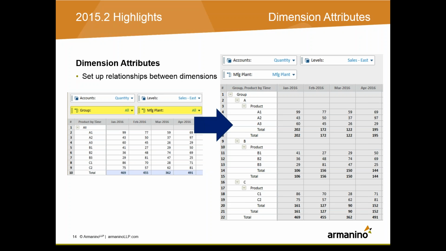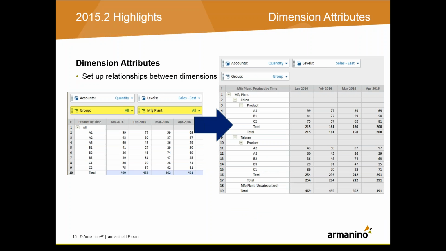If we go to the next slide, we can see that we can have an alternate relationship set up. So now I can say with my products, I can also identify, let's say, where they're being manufactured. And in this case, I can say, you know, products A1, B1, and C2 are manufactured in China, but the other products are manufactured in Taiwan.